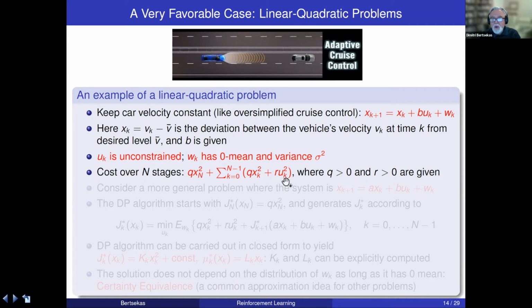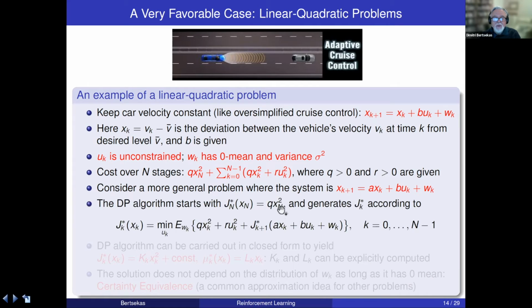And we also want to do it with a small control. We don't want large controls or large changes in control. So an appropriate penalty is this quadratic with a coefficient r. And so that's how a linear system and a quadratic cost is generated for this example. But we're going to look at a problem that involves a generic one-dimensional system where there's also a coefficient a in front of x_k. And the same cost function.